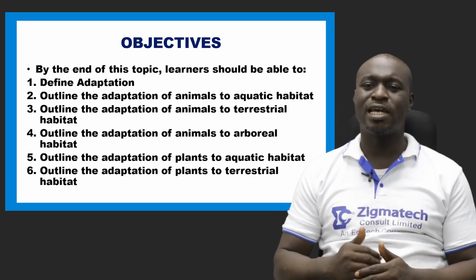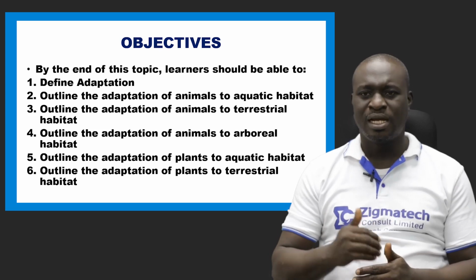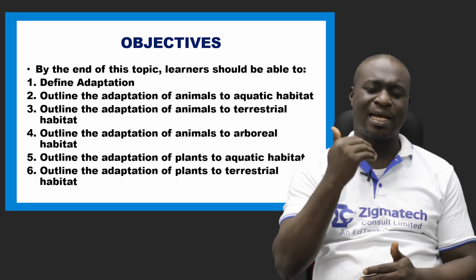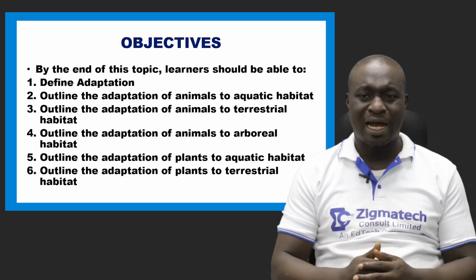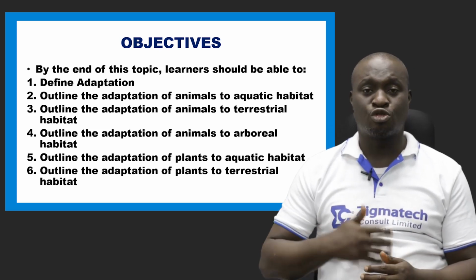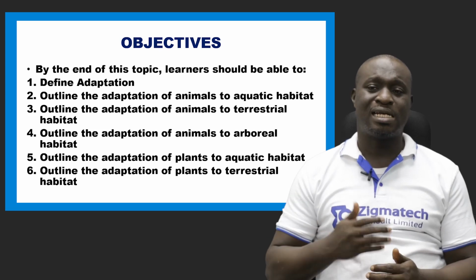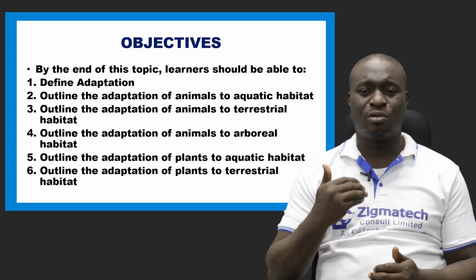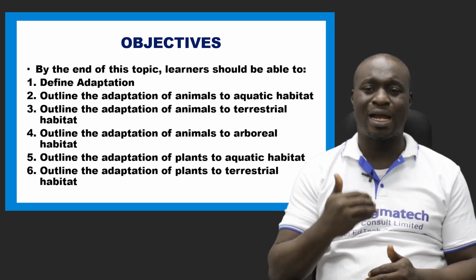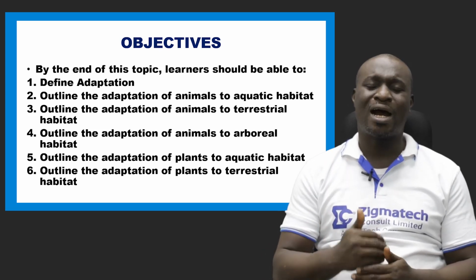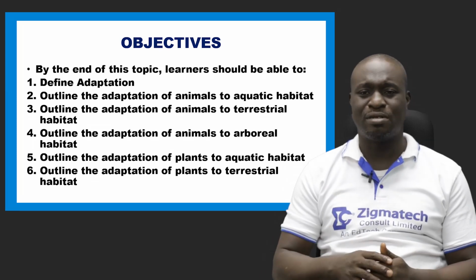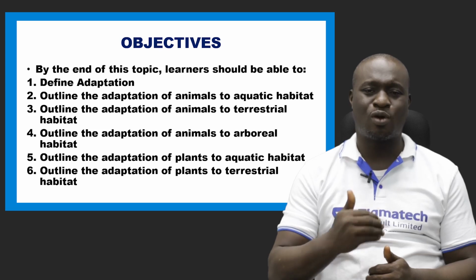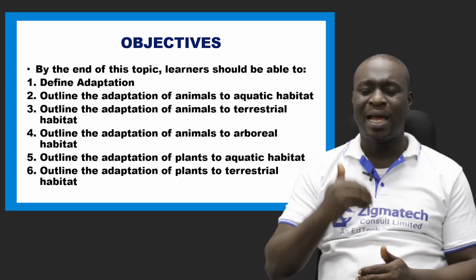Number two, outline the adaptation of animals to aquatic habitat. Number three, outline the adaptation of animals to terrestrial habitat. Number four, outline the adaptation of animals to arboreal habitat. And number five, outline the adaptation of plants to aquatic as well as terrestrial habitat.